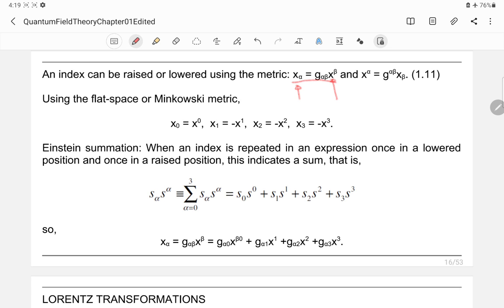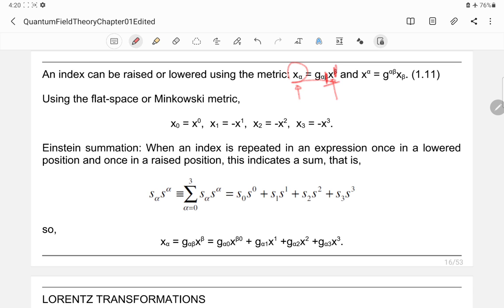You can make a coordinate contravariant or covariant by multiplying with a metric. So in this case, you have x beta, and then you're multiplying with a metric alpha beta. So here you just cancel the beta, and it will just give you an x alpha.